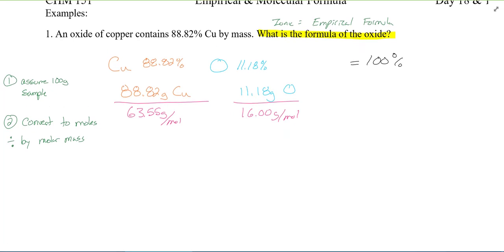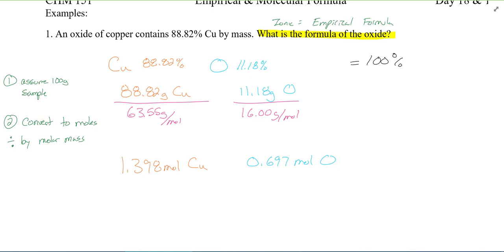That gives me 1.398 moles of Cu and 0.697 moles of O. And that's technically my mole ratio, 1.4 to 0.7. And you might know what they are as whole numbers, but we want them as whole numbers.